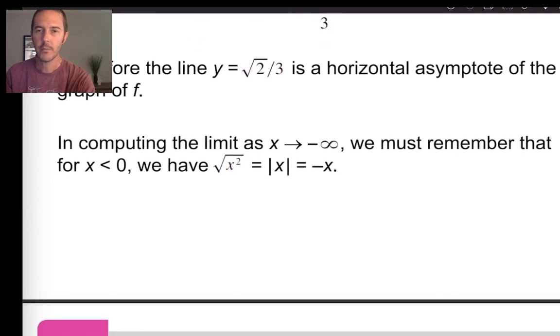But there is a little hiccup that we run into here, because when you send x to negative infinity and then encounter the square root of x squared, it's a little tricky, because the squaring and the square rooting should cancel each other out.